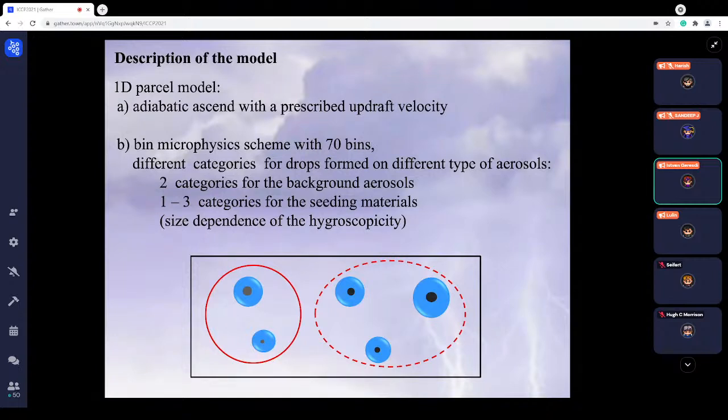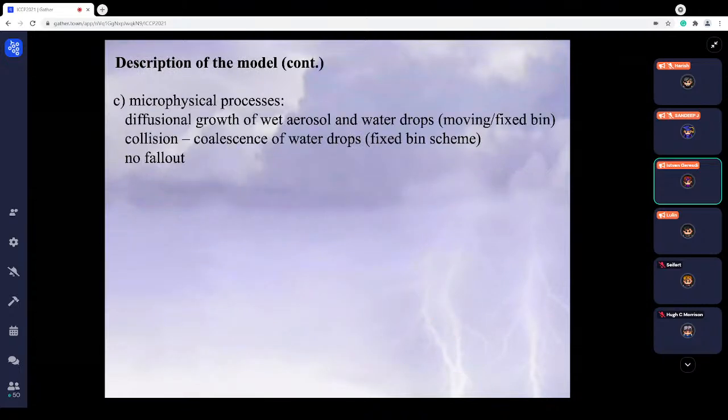So this is the short summary, and one more slide about that. So here is the microphysics. You can see what type of microphysical processes are used here. The diffusional growth, of course, is used for the water drops, and we use both moving and fixed bins.